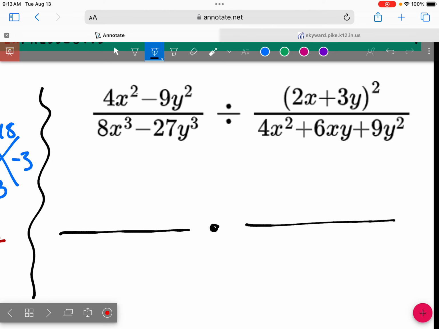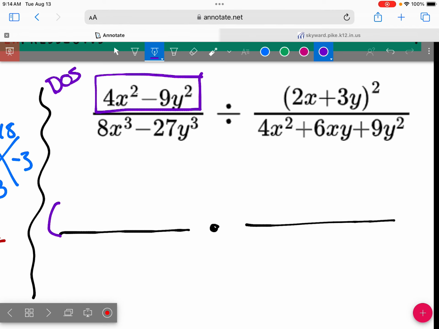So this first one, our left-hand numerator. What is going on there? It's a difference of squares. 4x squared is a perfect square. 9y squared is a perfect square. This is difference of squares.